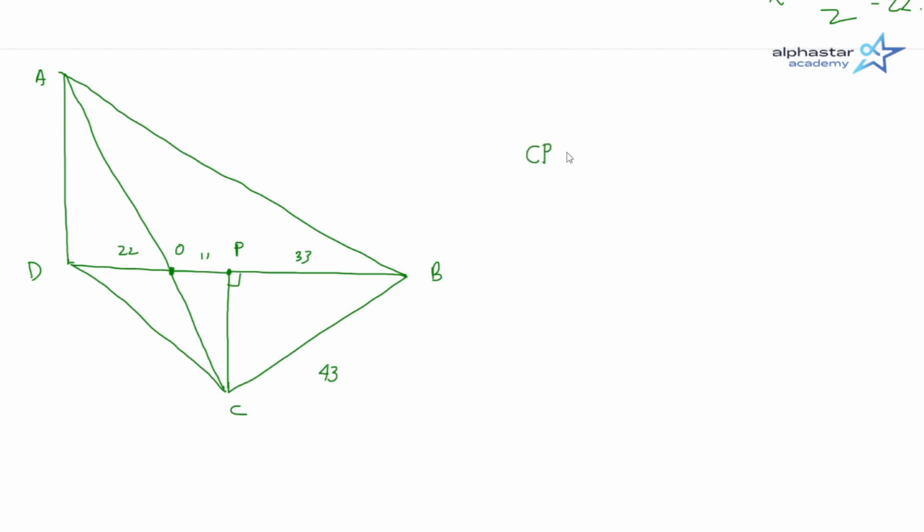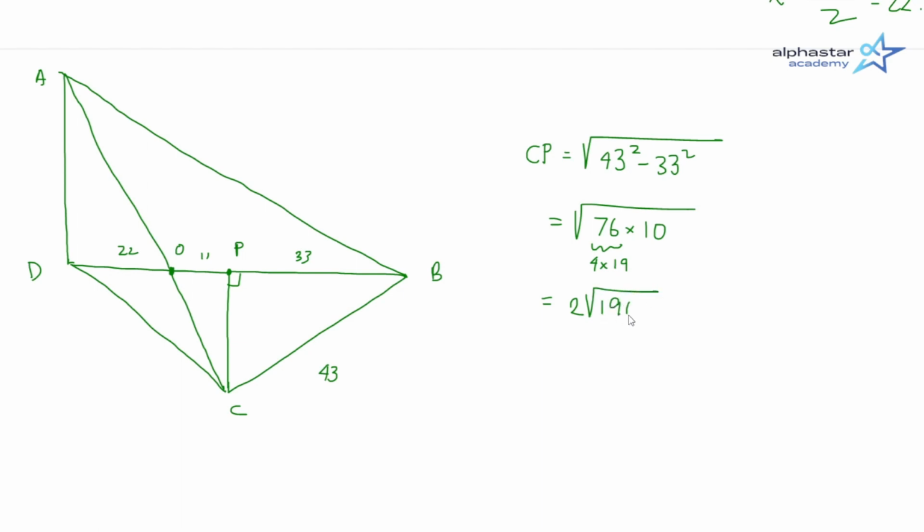So we get that CP equals the square root of 43 squared minus 33 squared, which equals the square root of 76 times 10. That's 4 times 19. So we get that this is 2 times the square root of 190.